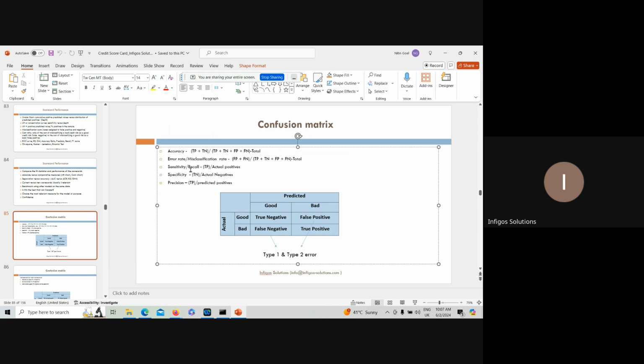Then you have sensitivity or recall. This is true positive divided by actual positive. You have specificity, true negative divided by actual negative. Then you have precision, true positive divided by predicted positive. So these are formulas and these are numbers. Normally you want to maximize all of them.